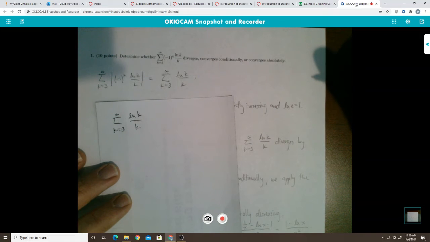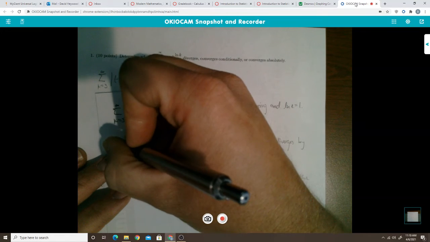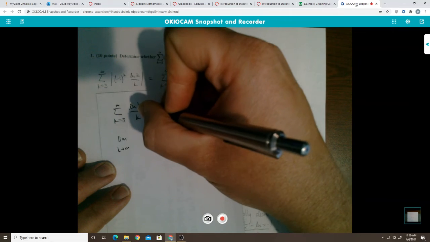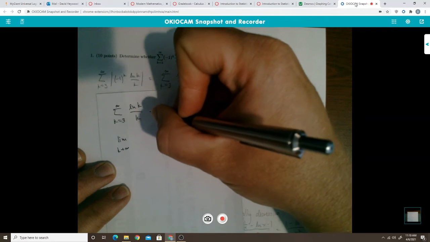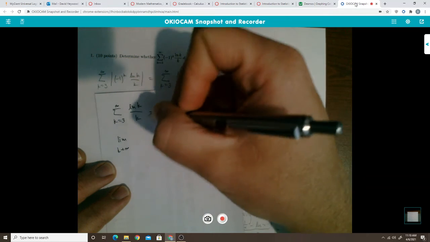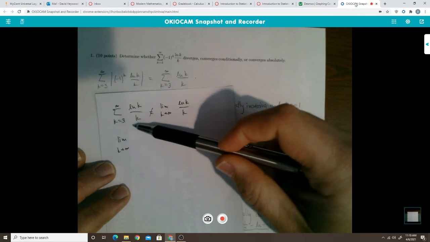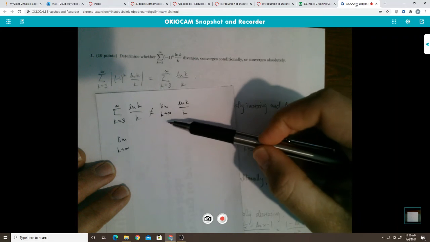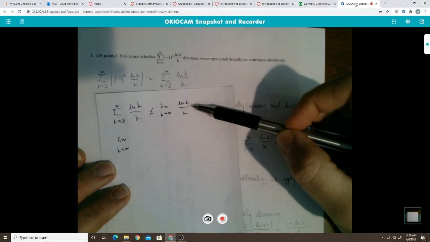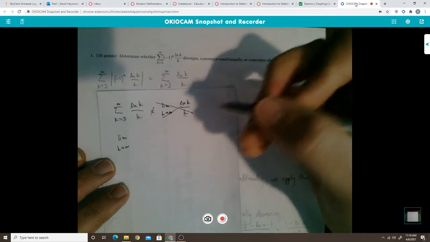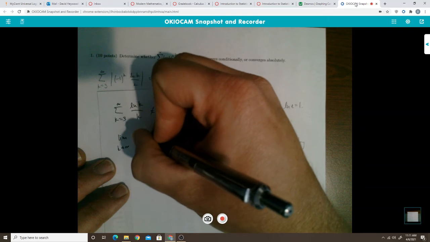And then you said, okay, I'm going to take the limit as k goes to infinity. In fact, some of you said that this was equal to the limit as k goes to infinity of ln k over k, and that's just not true, right? This is a sum. The sum is not going to necessarily be equal to the limit of the terms of the sum. So no, don't say it equals that.